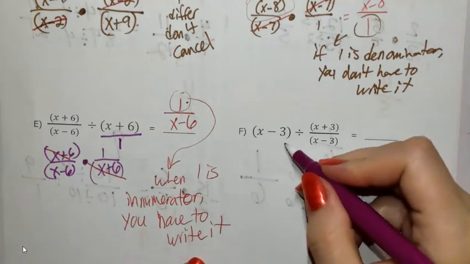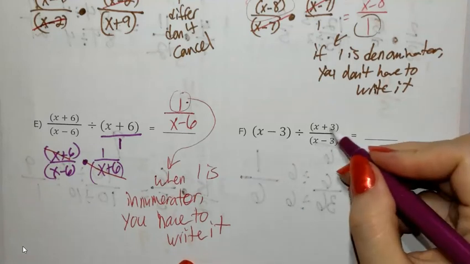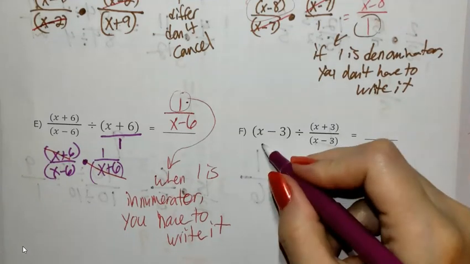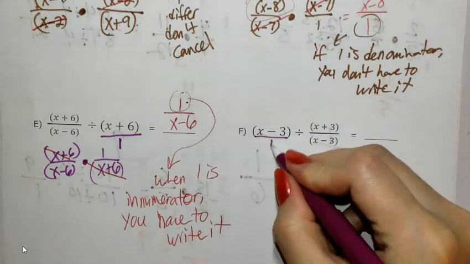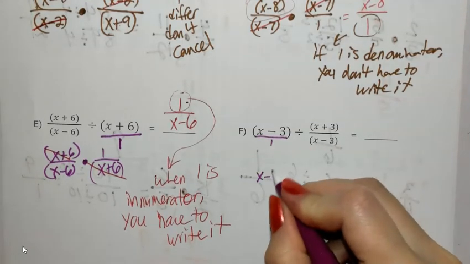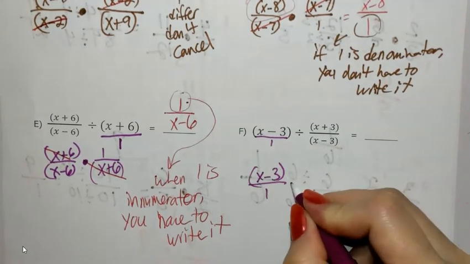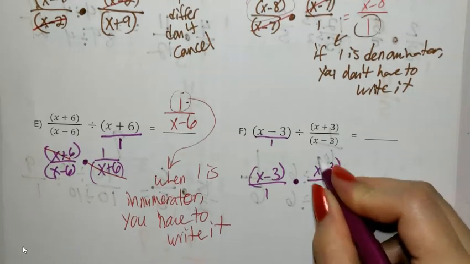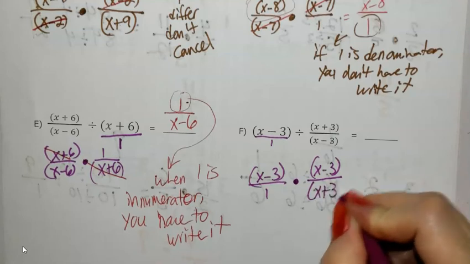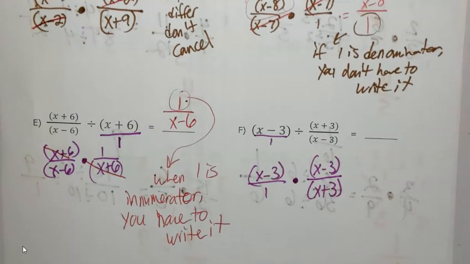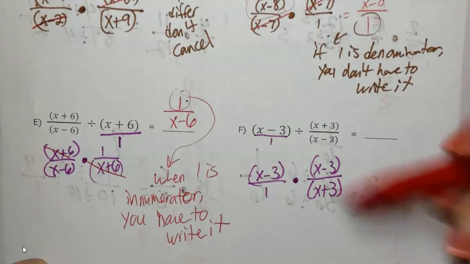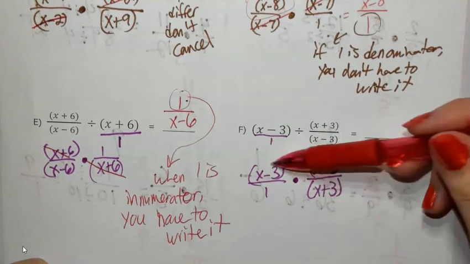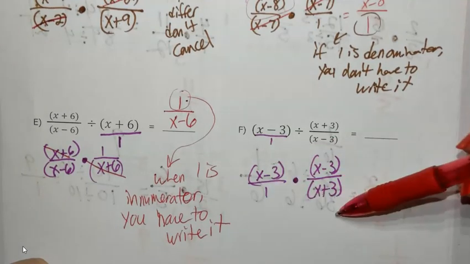So for F, we have x minus 3 divided by x plus 3 over x minus 3. Remember, there's really a 1 down there. Keep the first fraction, change the operation, flip the second fraction. Does anything cancel here? Does anything cancel with the x minus 3? No?